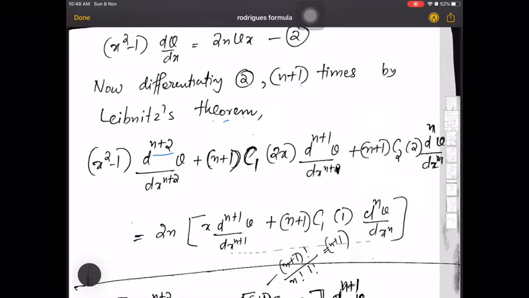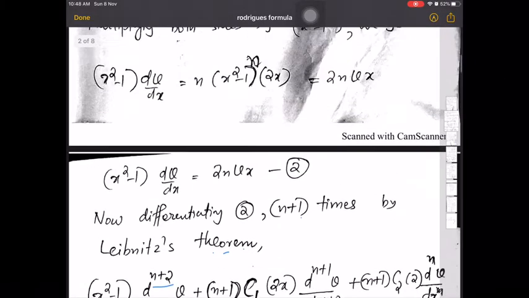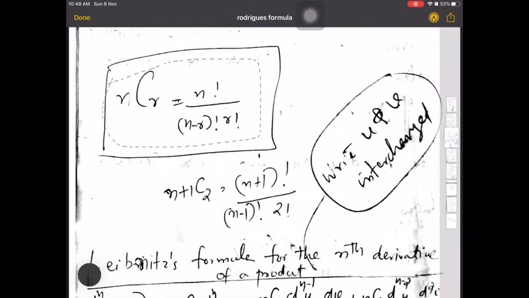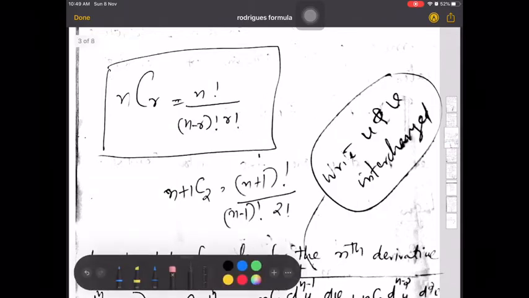This is what you get on the right hand side. And here we know nCr is equal to n factorial over (n minus r) factorial times r factorial. So using this we have to find nC0. So what will be nC0?